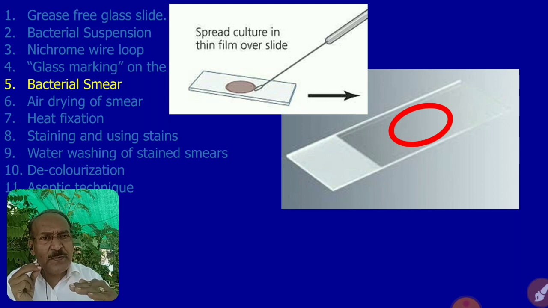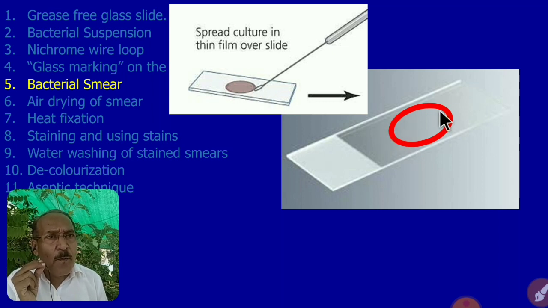So the preparation must be thinnest possible. To have that thinnest possible preparation, we spread bacterial preparations on the glass slide, and then we use those preparations in the subsequent procedures. So spreading of thin bacterial suspension with the wire loop within the mark is preparation of a bacterial smear.